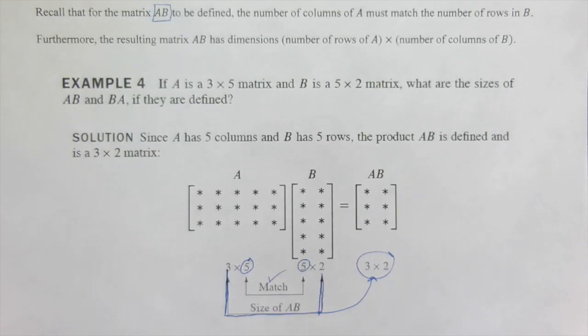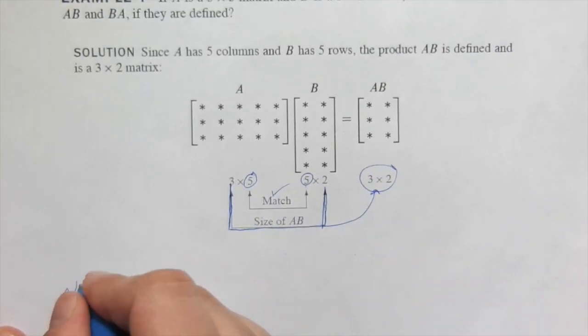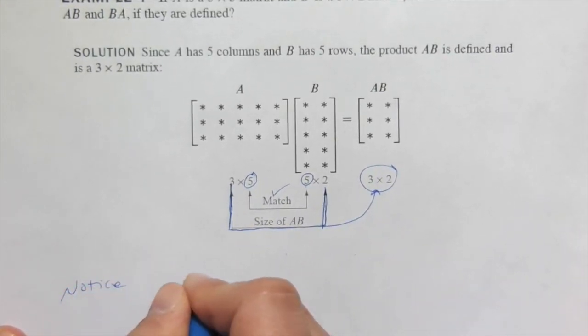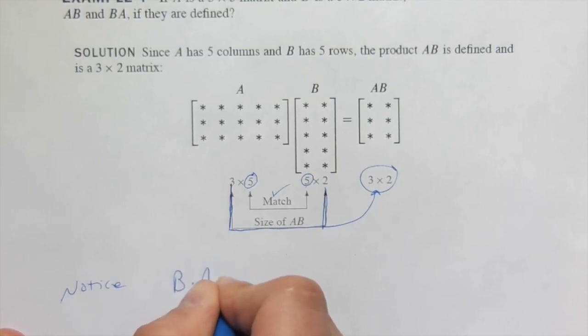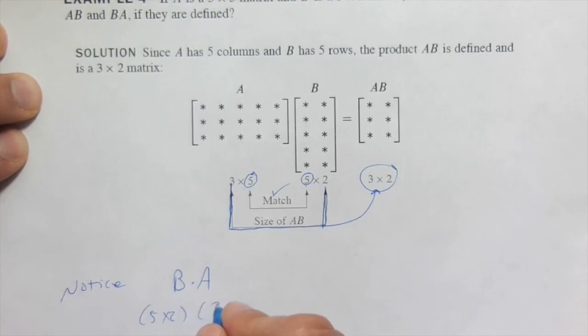And so if these numbers didn't match, we would not be able to do the multiplication. And so that's what happens if we try to do B times A. Right? So B times A, notice what would happen. If we did B times A, that would be B is a 5 by 2, A is a 3 by 5, and so these inner numbers are not going to match, right? The 2 and the 3 are not the same.